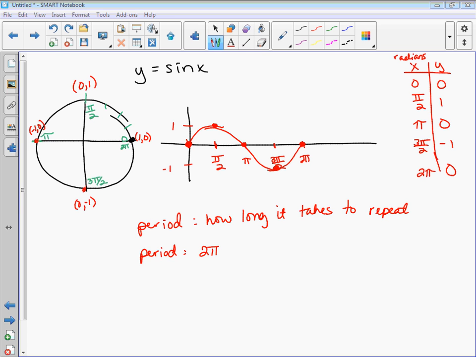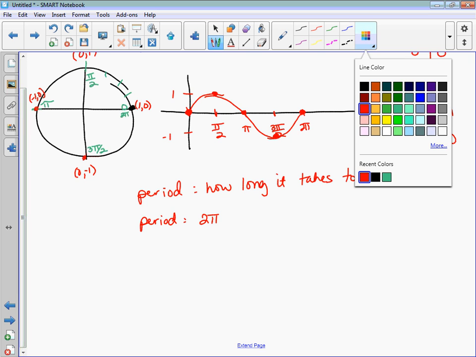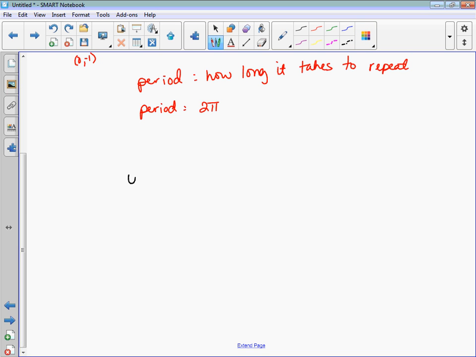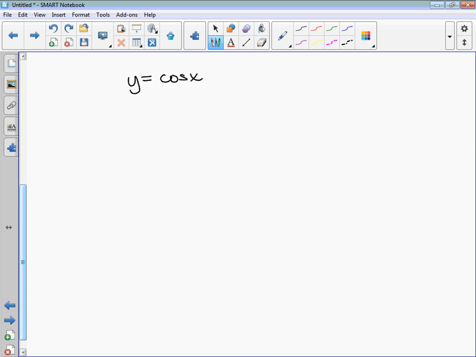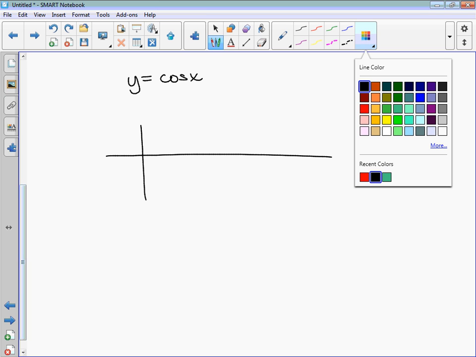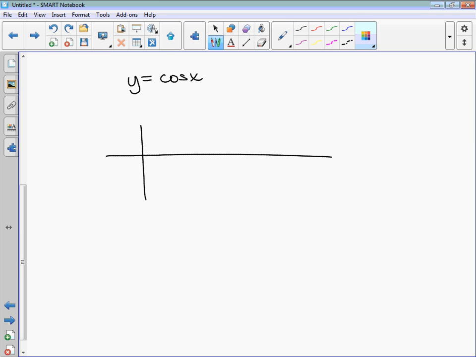Let's see how you did on cosine. I am going to label the same things on my x-axis here.